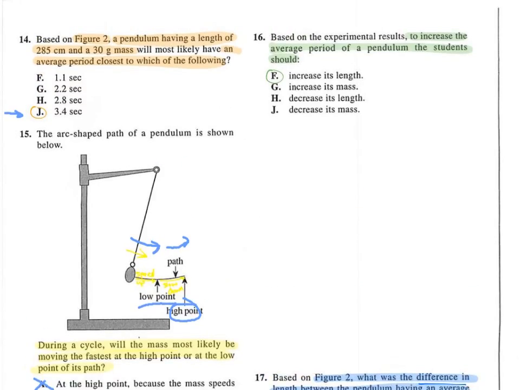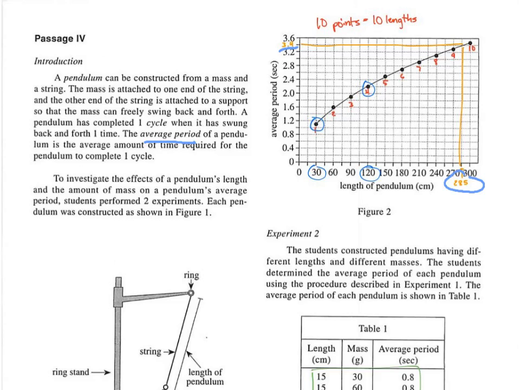For number 16, it says, based on experimental results, to increase the average period of a pendulum, the student should do what? There are a few places you can look here. You can look at figure 2 and see that as you go right on the x-axis, you increase on the y-axis, meaning as the length of the pendulum goes up, the average period goes up.